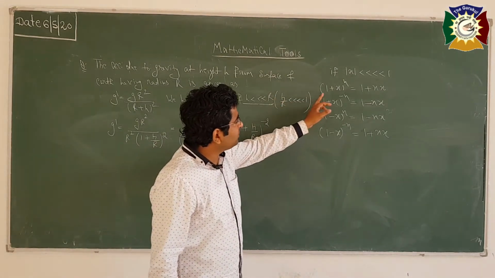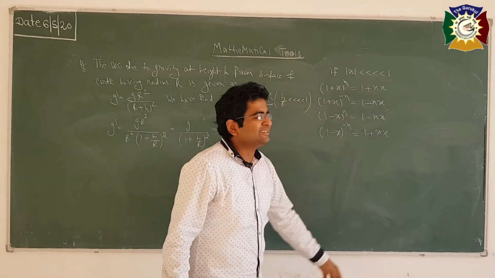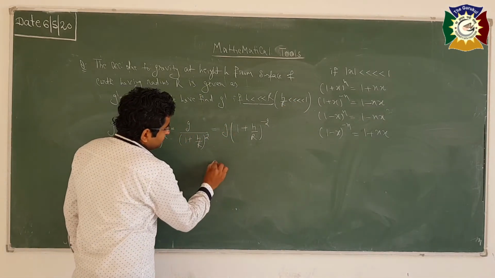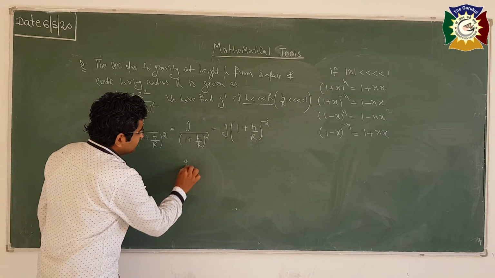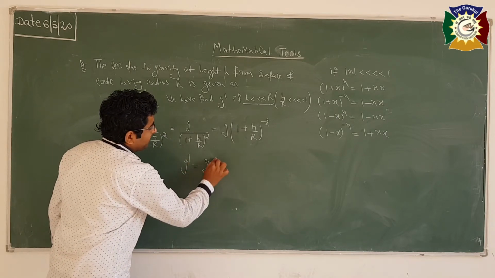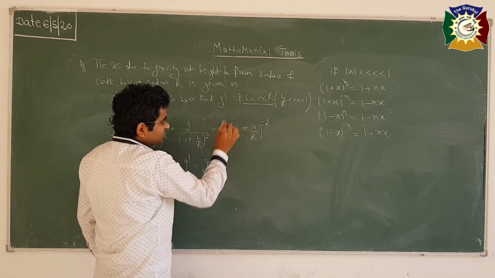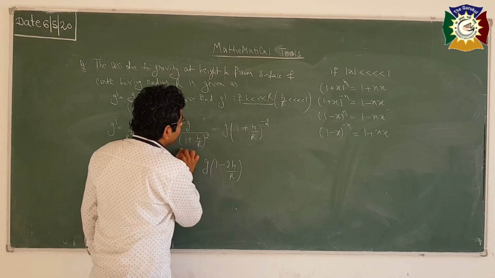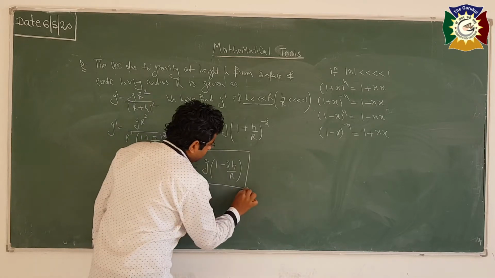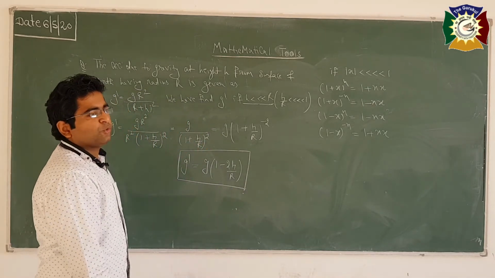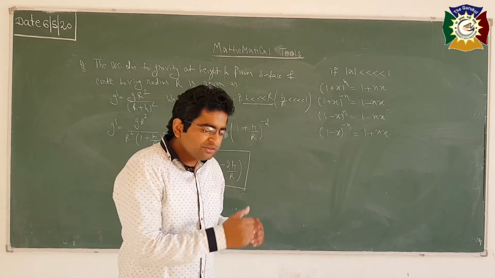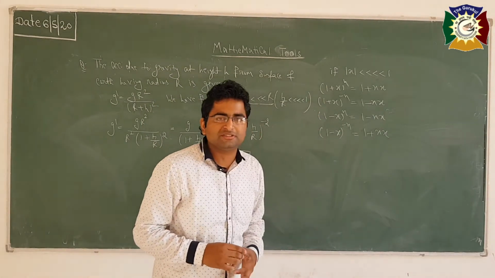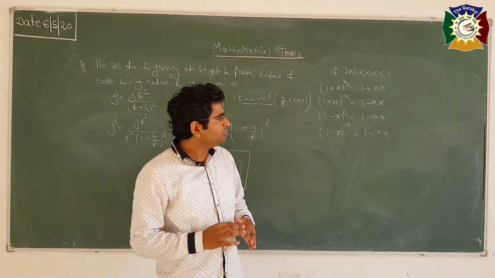So, we can reduce 1 plus x raised to power n as 1 plus nx. So, I can express it as g dash is equal to g, minus 2 will come to this side, 1 minus 2h by r. This is the final expression for g dash. So, for such kinds of expressions, you need this type of expression, and many times you will use it in physics.